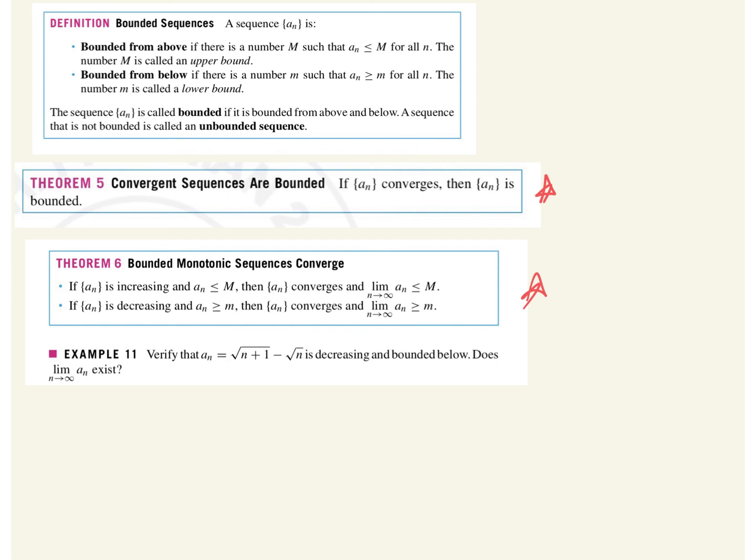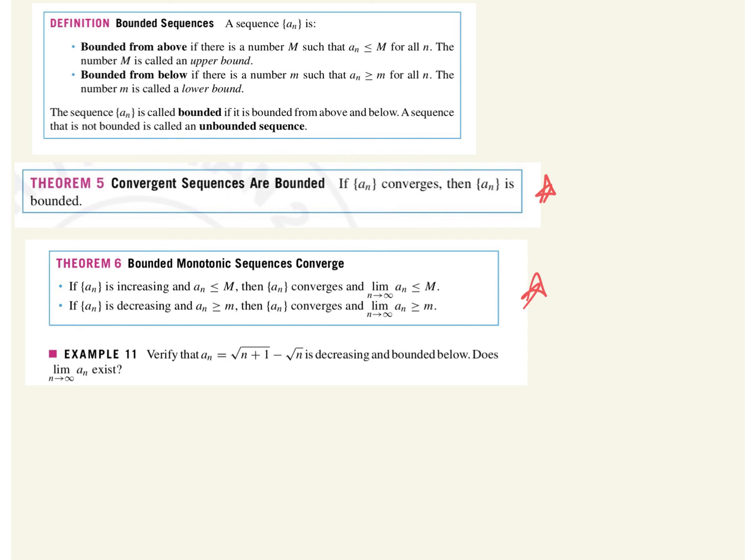Increasing and bounded from above proves convergence. Increasing and bounded from below is meaningless. If we have a horizontal asymptote, but the function's growing forever, and the horizontal asymptote is below the growth of it, it doesn't matter. If a sub n is decreasing and bounded below, then that proves convergence.